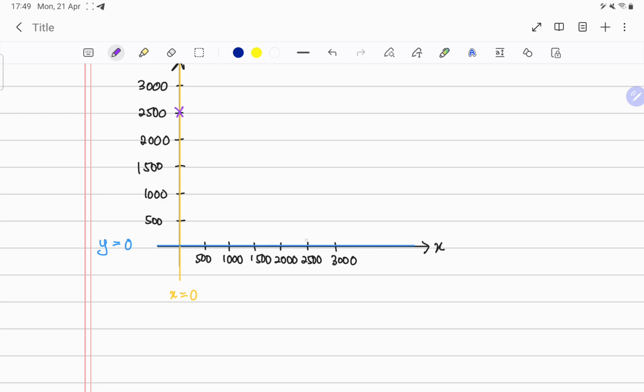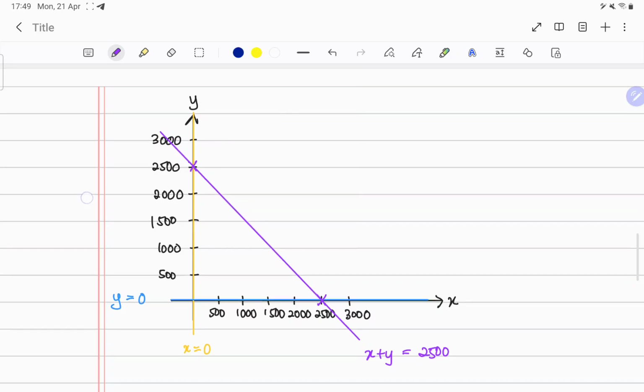And 2500, 0 should be here. So you have these two points. What you need to do is connect the line. So you use your ruler and just connect these two points. Okay, so you're done here. What you need to do is write the equation, which is x plus y equal to 2500. So you settle for third equation.